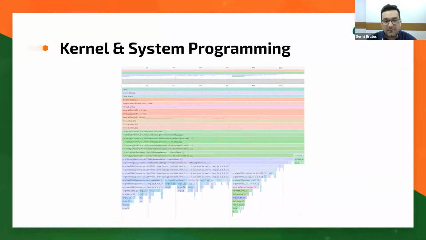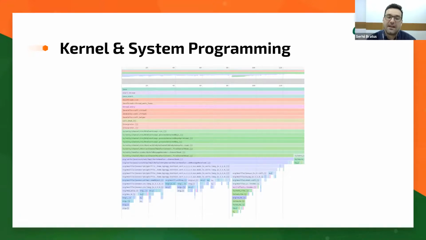Let's see how the left heavy view looks. If you put it left heavy, everything will go to the left side, and you'll see right away where all the time was spent, if you didn't see this on the previous slide.